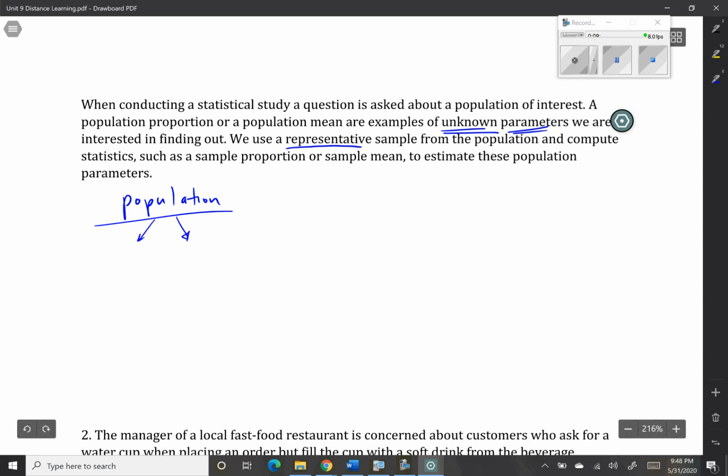A population has a population proportion, which has a fancy symbol, which you've seen, just P. And it has a population mean, another fancy symbol which you might have seen, which is this fancy U-looking thing called mu. It's a Greek letter. You saw this when we did our distributions in lesson 1 and 2. Okay. These two things are known as parameters.